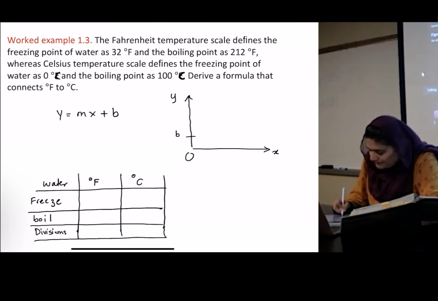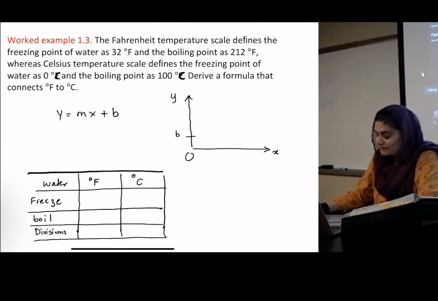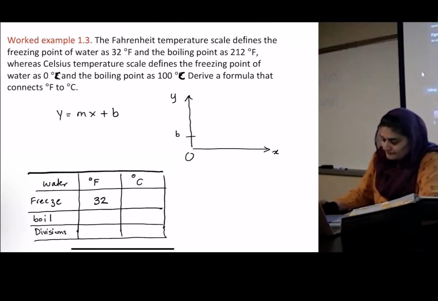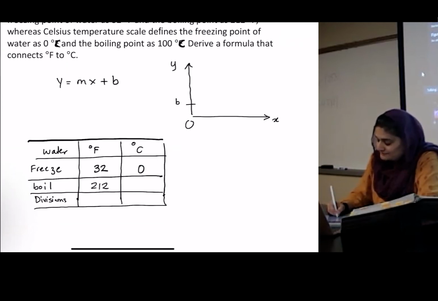On my Fahrenheit scale, where does water freeze? On my Celsius scale, where does water freeze? On my Fahrenheit scale, where does water boil? And on my Celsius scale? So how many divisions? 212 minus 32, and 100 minus 0. So that's the scale.